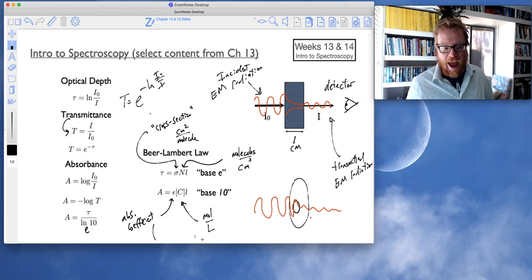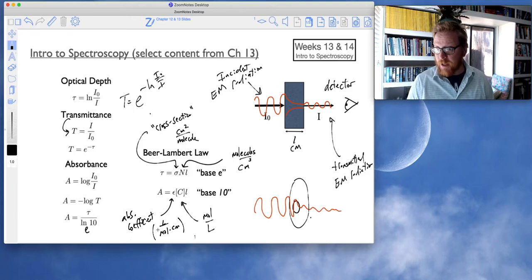So that's going to have units of, it's got to be reverse concentration, liter over mole, and because the centimeter is there, centimeter.